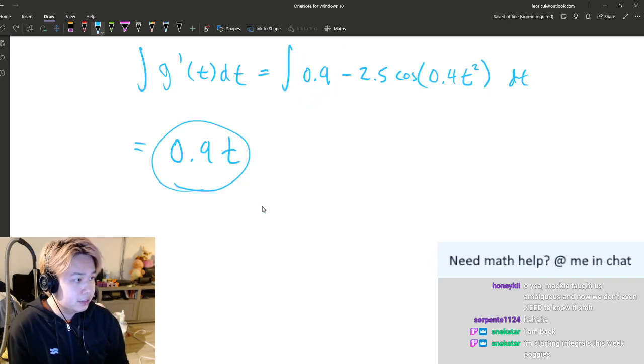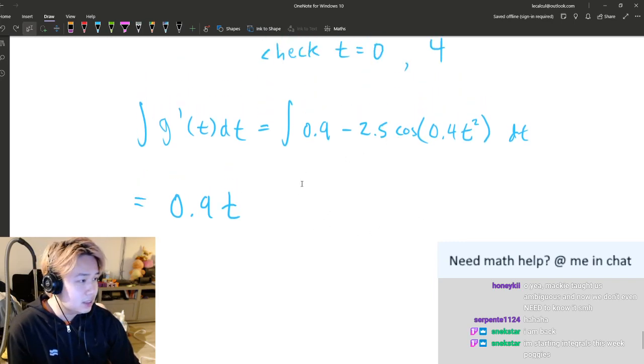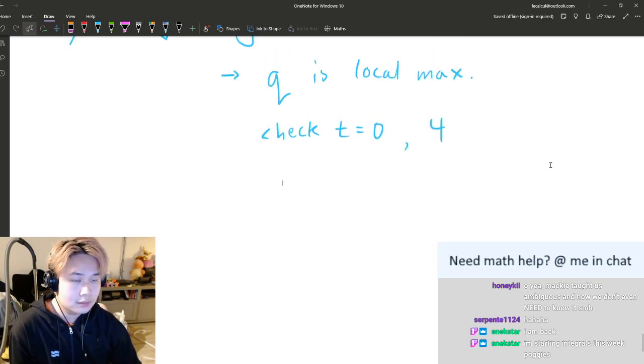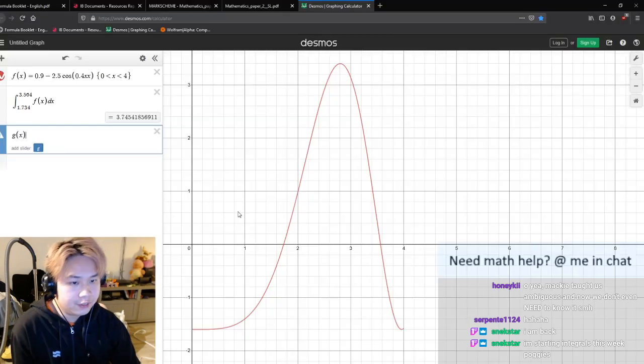So the integral of 0.9 is 0.9t. And then this one is more complicated, so don't worry about it. Can I even take the integral of this right now? No, I don't think so. Do I need to do this? Who knows? I feel like I do.